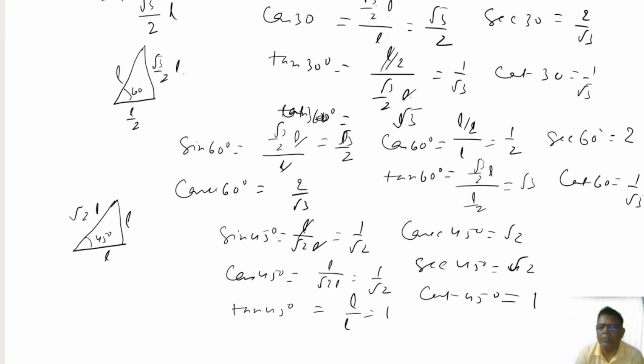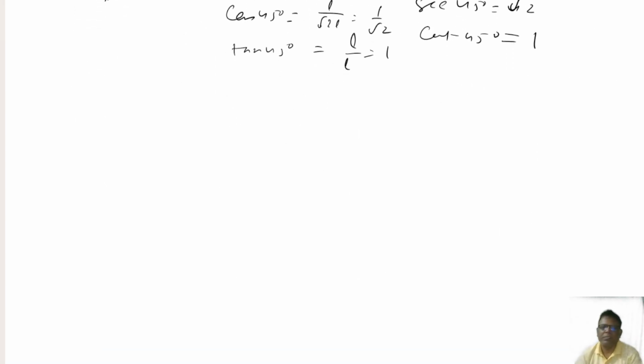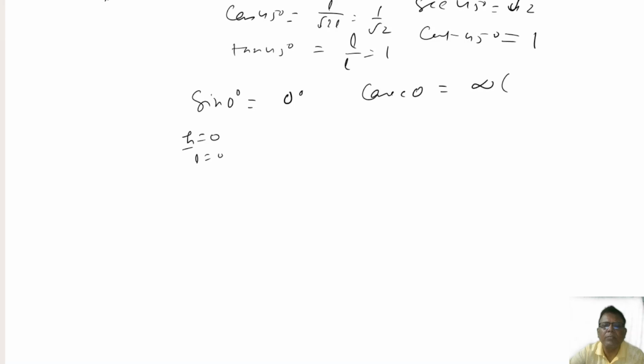So these are the values. Now what about 0 degree? So sin 0 degree, H becomes 0 and L is 0. So sin 0 degree is 0. So what will be cosec 0 degree? Cosec 0 degree is infinity, meaning undefined. What will be cos 0 degree?